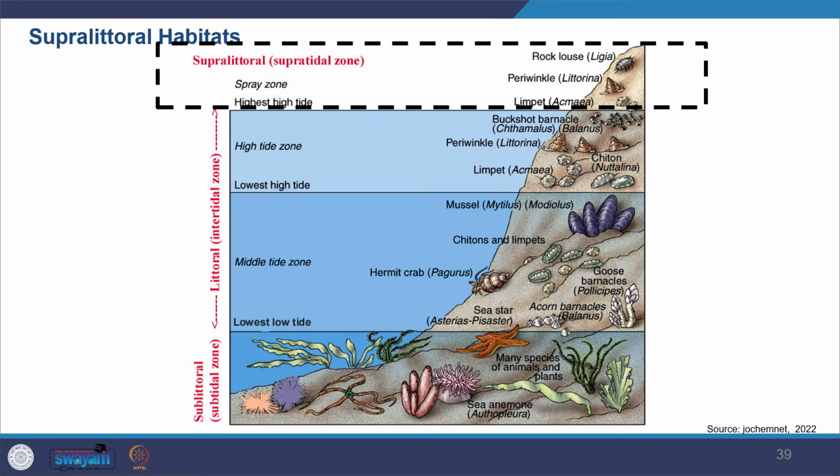It's the level above the limit of the extreme high water spring tides, and this supralittoral zone supports a lot of terrestrial vegetation, mostly near littoral locations which are affected by wave splash and spray. So you would see salt tolerant plant species, and they would often dominate the vegetation community. Because the waves are coming and spraying that area, you would find salt tolerant plants near those areas.